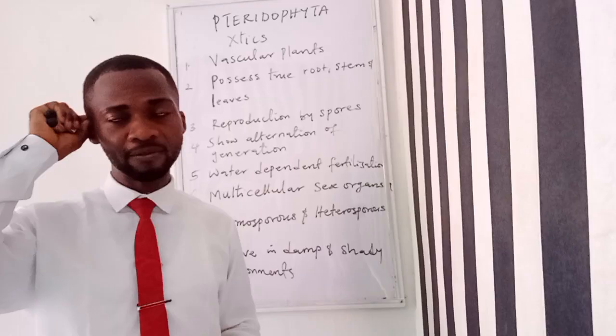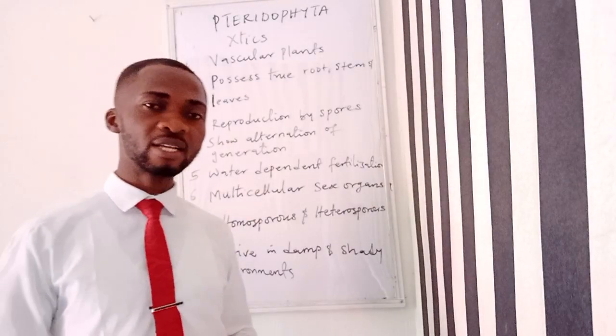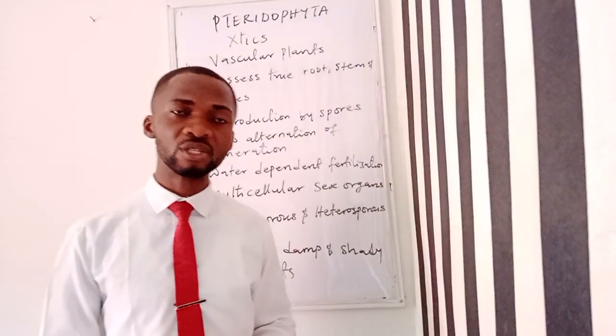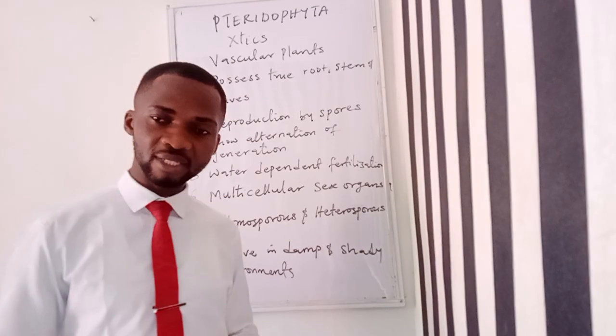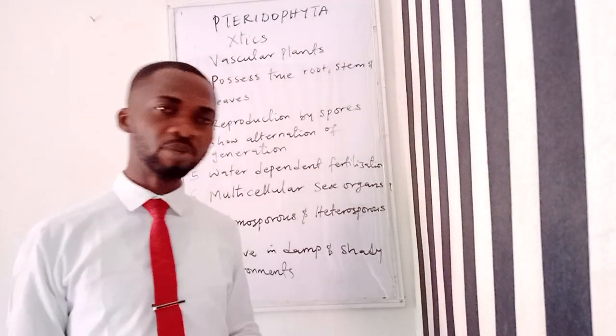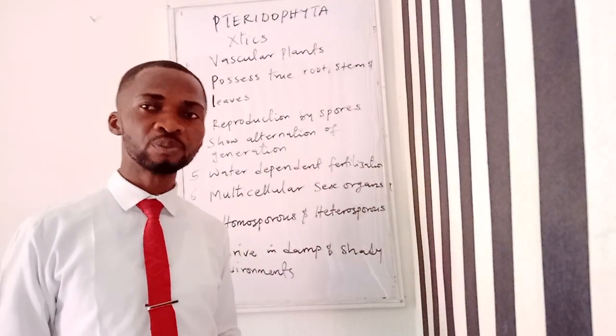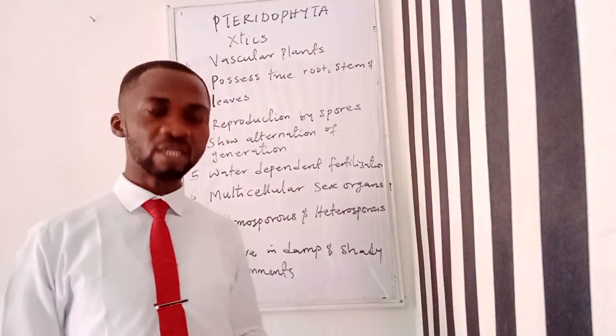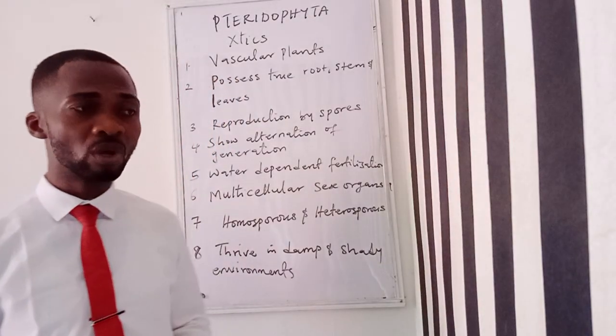Then they also show what is called the alternation of generation. Alternation of generation is a very vital aspect of the reproduction in this organism, in the sense that they alternate between the diploid sporophytes and the haploid gametophytes. So they show alternation of generation.